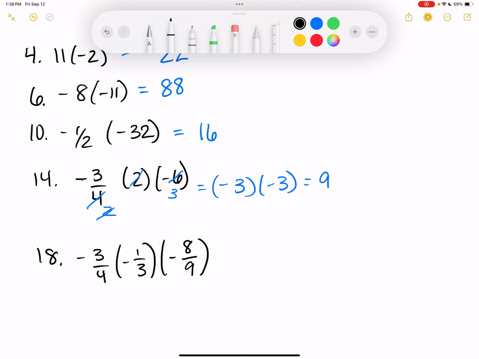So we should never leave a fraction non-reduced. Is it just a -3 over 4? So 3 cancels. 4 goes into 8 2 times. But I can't forget about, I have a negative times a negative times a negative. So what is my answer going to have? A negative. And so then what's left is 2 over 9. So it's negative 2 over 9.